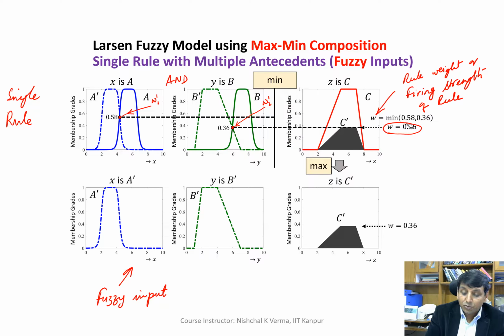0.36. Now we'll use this to scale down the height of the fuzzy set C. So the output fuzzy set is C. We'll bring this down to this value 0.36. Let me repeat that the height of the fuzzy set we will bring down to 0.36, and we know how we got this value.